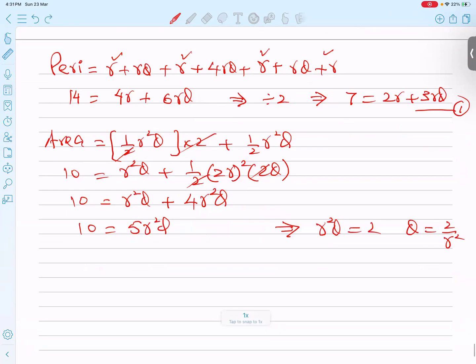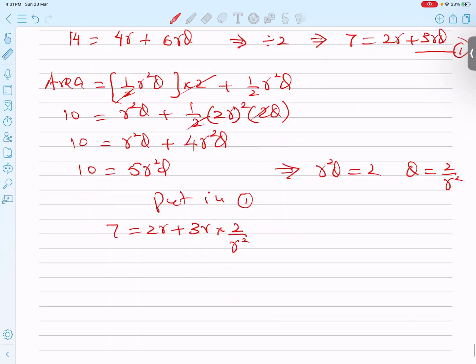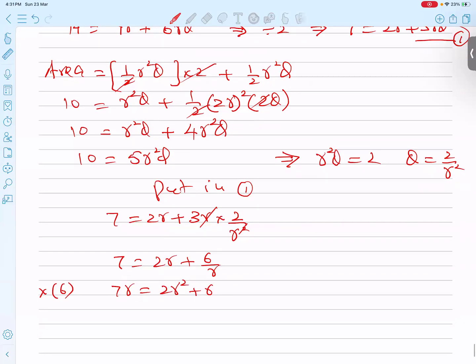So I'm going to put it in equation 1. So 7 is equal to 2R plus 3R, but in place of theta I'm putting 2 over R squared. This R will cancel with the power 2. 7 is equal to 2R plus 6 by R. Multiply the whole equation by R. I got 7R is 2R to the power 2 plus 6.